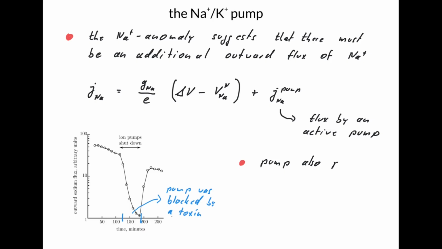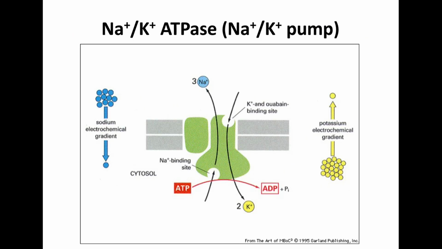Now, surprisingly, you can do the same experiment also for potassium. Take the same toxin, and you will again find that now the potassium is also pumped, yet it's pumped into the cell. Now, those were the indications that there must be an active process of one particular protein which pumps sodium to the outside and potassium inside.